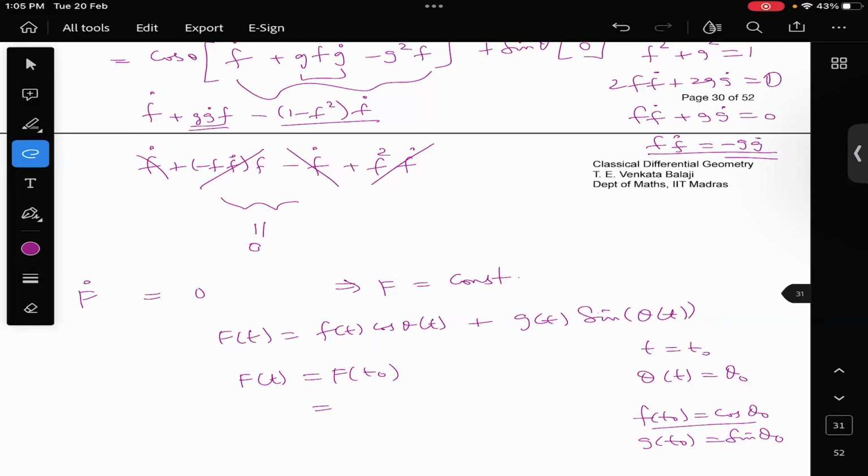Basically it's just trigonometry. This is just writing f and g at t naught as a unit vector, as cos of something and sin of something, for a fixed value of t naught. That is something that I am fixing. That's like an initial condition that I can always fix, and this has got nothing to do with calculus.